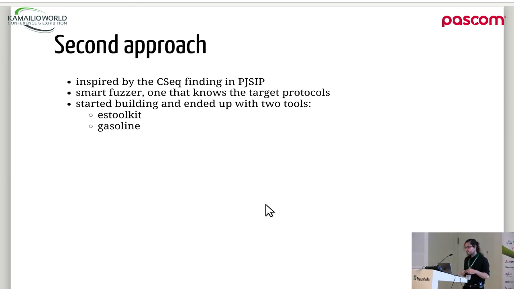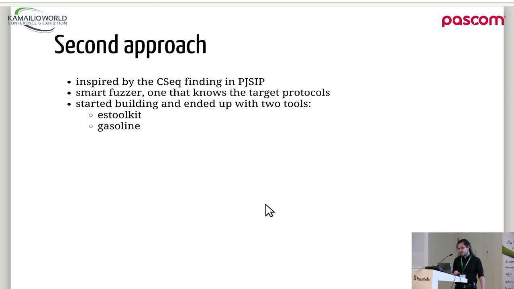So we started looking at a different approach at this point, since we gained some experience, and we decided to look at a more smart way of fuzzing, as in knowing the SIP protocol and handling SIP messages as they should be handled.